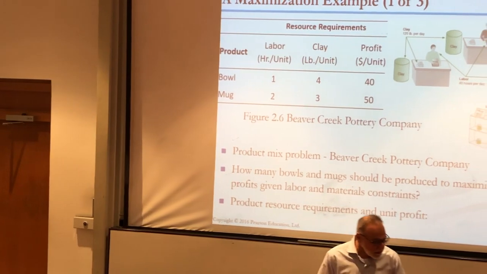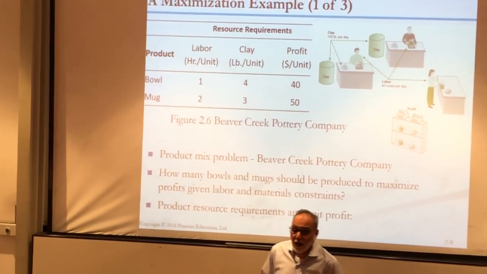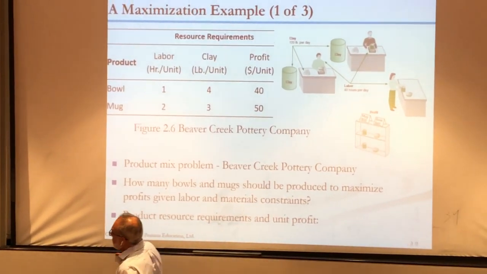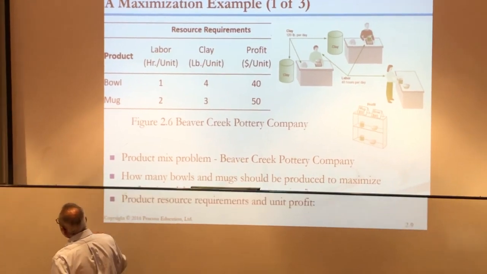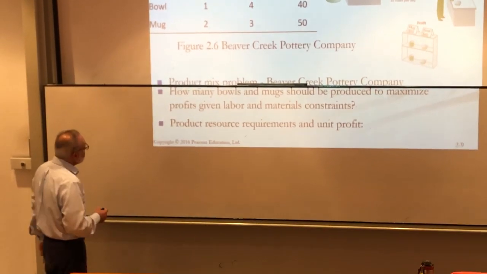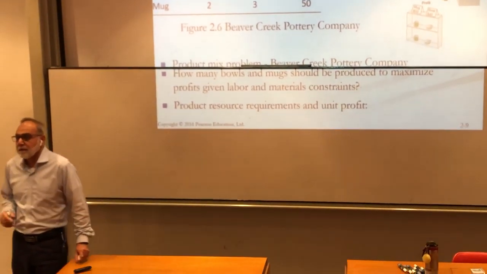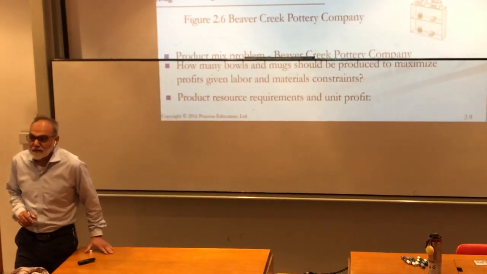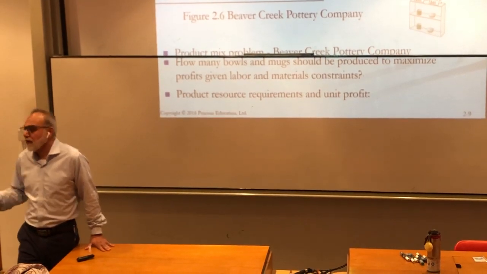So first of all, we identify the decision variables and we define them. So the first step will be to define the decision variables. Usually I like to define them by x with subscripts, x1 and x2.